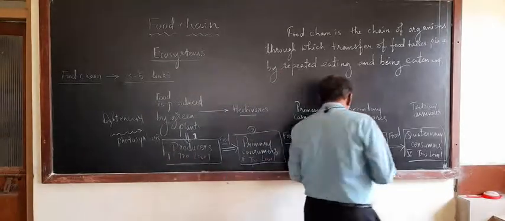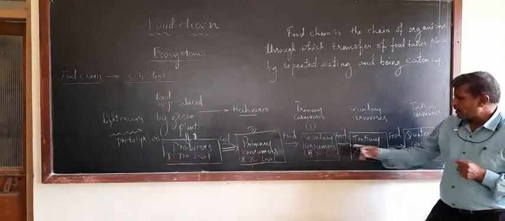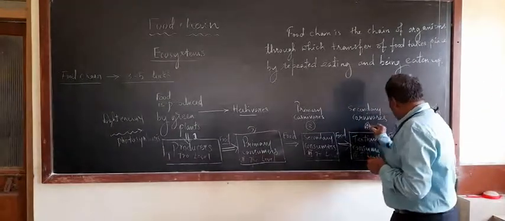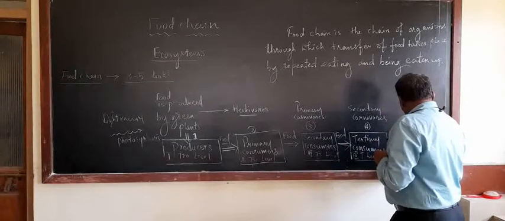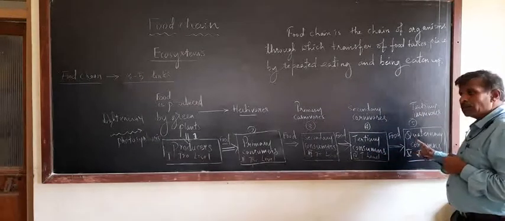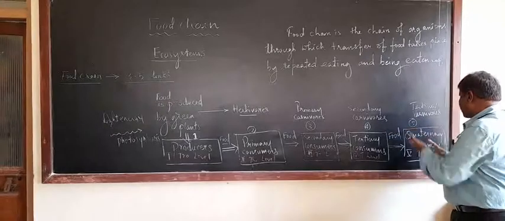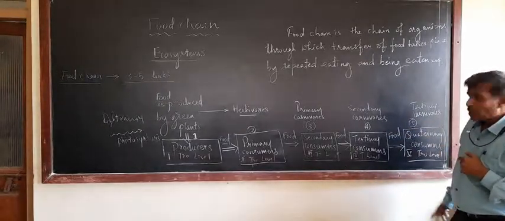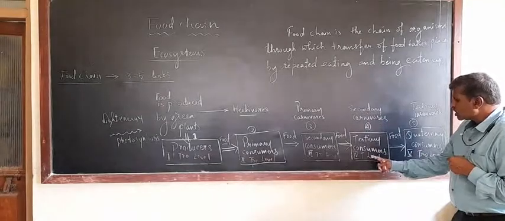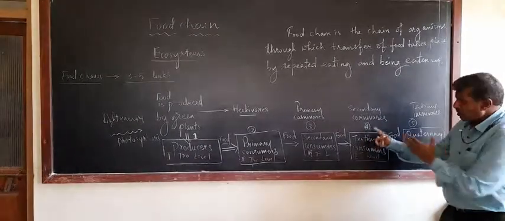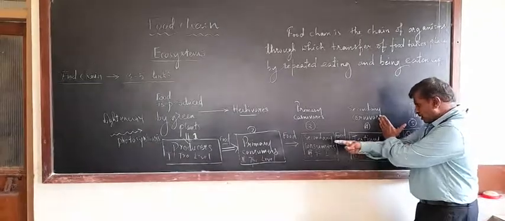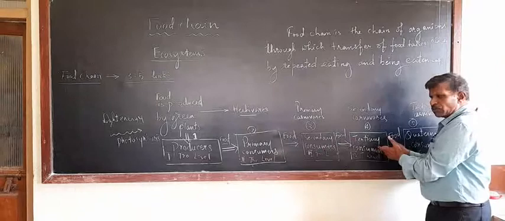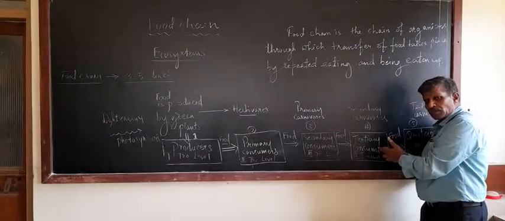Sometimes in ecosystems, in addition to secondary consumers, we also find tertiary consumers. Even sometimes we find an additional link, that is quaternary consumers. Suppose if tertiary consumers are there, then in the food chain there are 4 links: producers, primary consumers, secondary consumers and tertiary consumers.